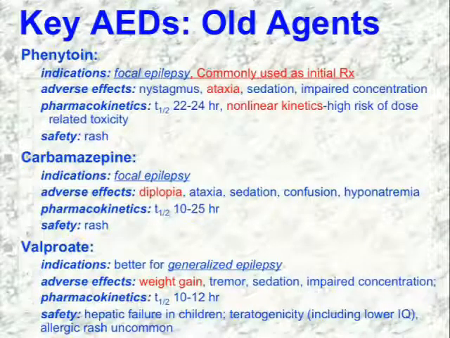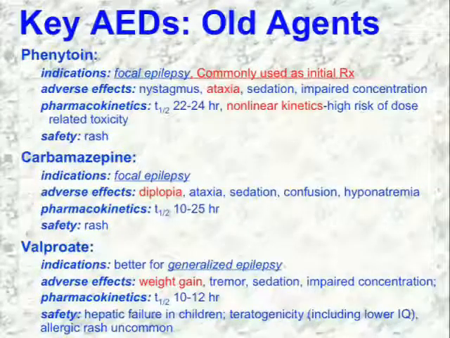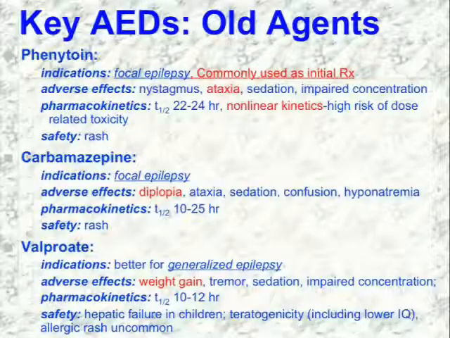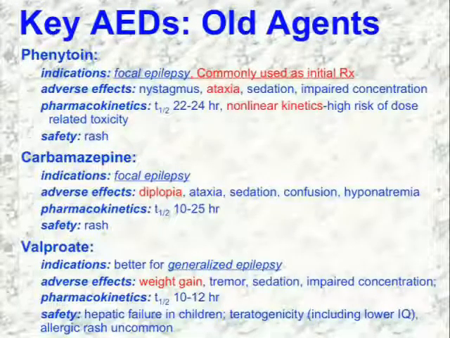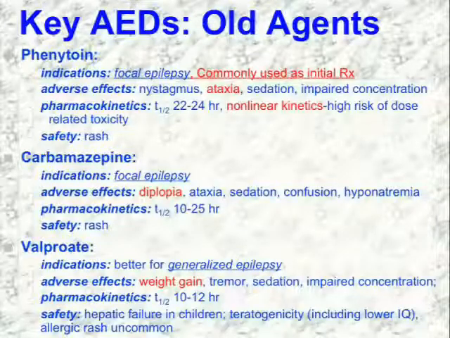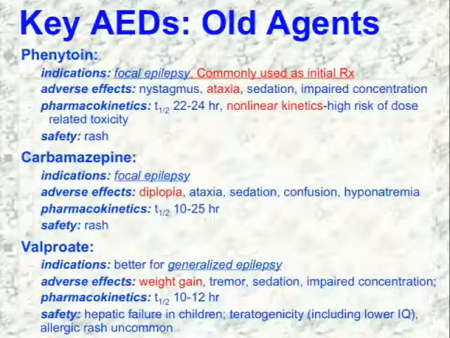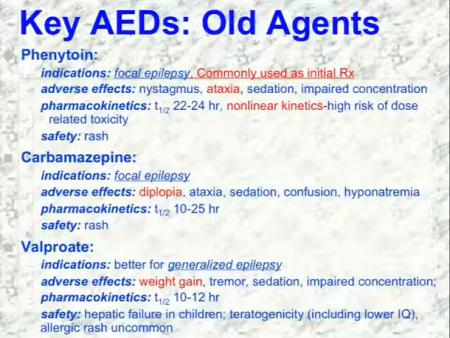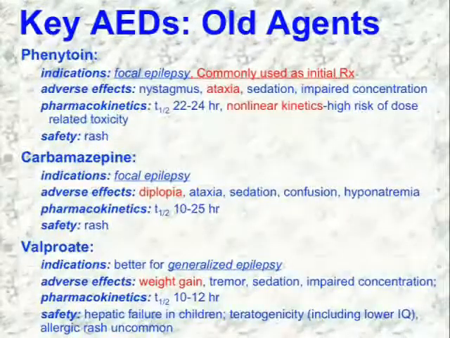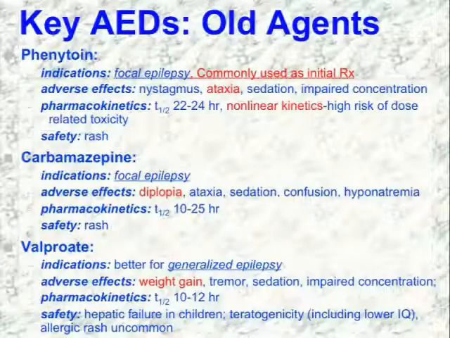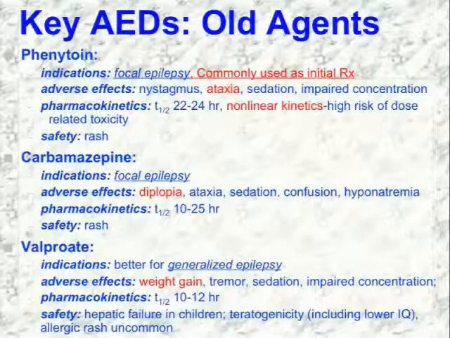Carbamazepine or Tegretol is a very effective drug. It's commonly used. It has more predictable pharmacology than phenytoin, but it cannot be given intravenously. Valproate is also used commonly, but these days it's used more often for migraine and for bipolar disorder. But it's a very effective drug for generalized epilepsy.